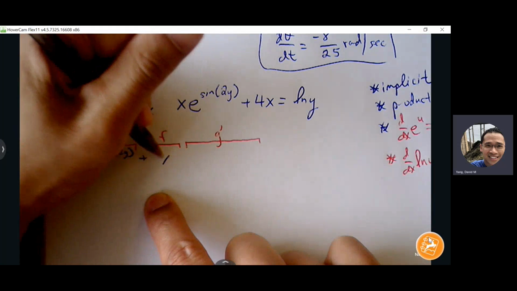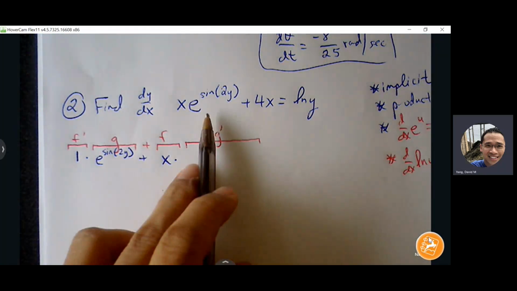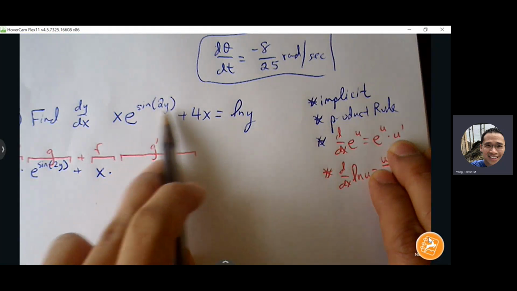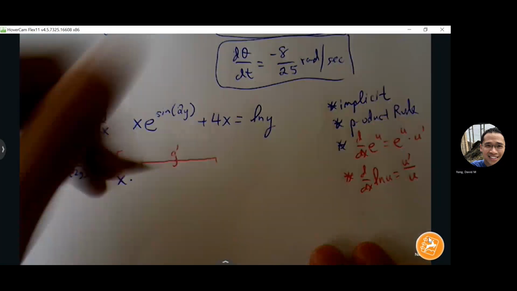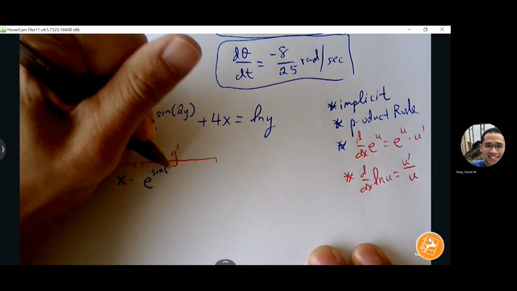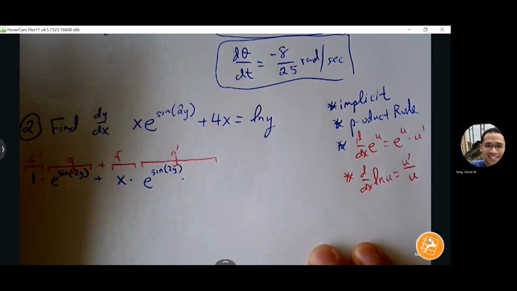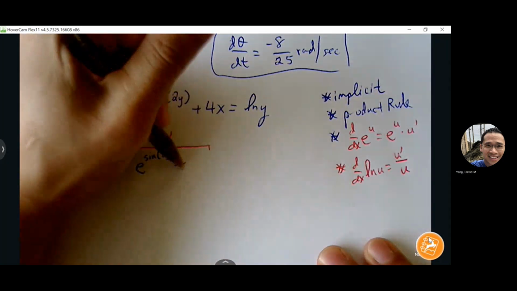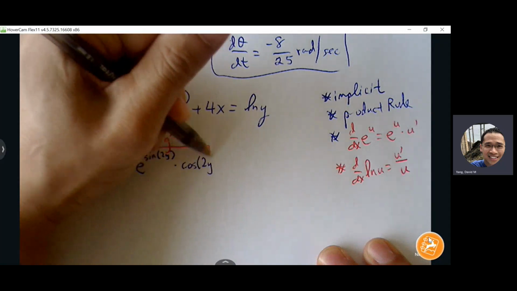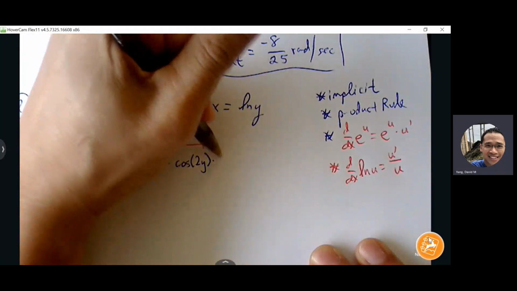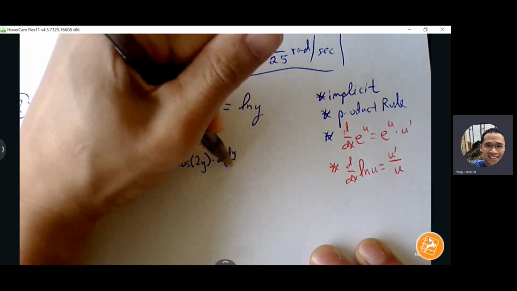Back to f. Okay, g prime is e to the u times u prime. When we reach u prime, we've got to do sine's derivative. Sine of 2y becomes what? Cosine 2y times u prime. What's the derivative of 2y? We get 2 dy/dx. There's a lot of stuff going on here.